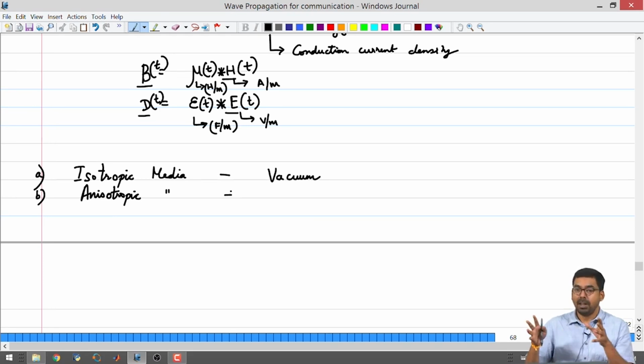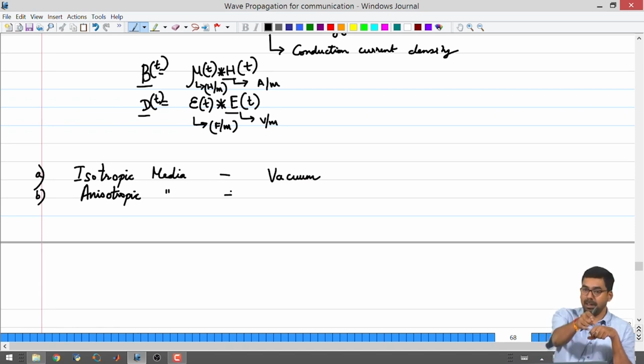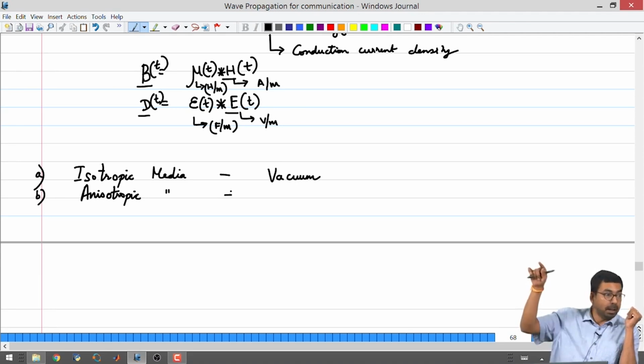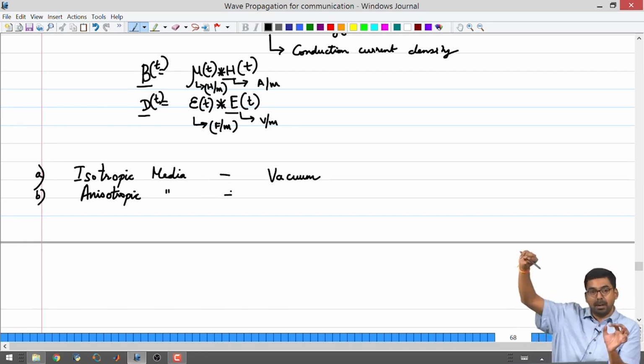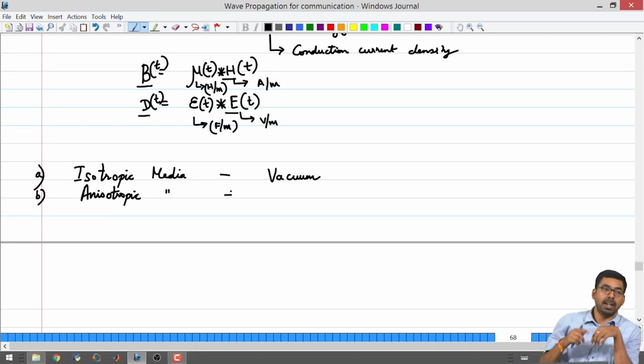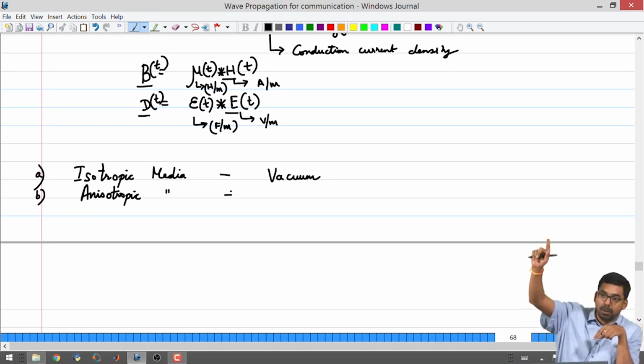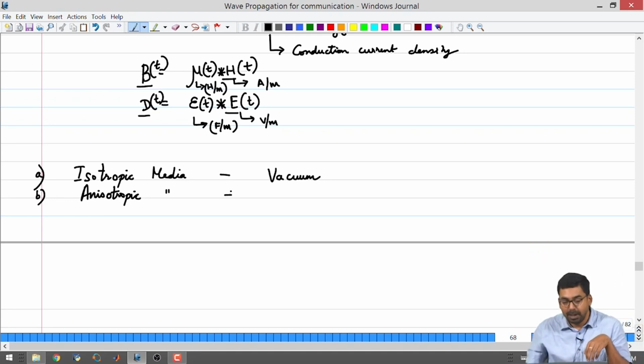If you have a cube, the spacing between two atoms in the horizontal direction is the same as that in the vertical direction, and the same as that in the depth direction. But if you start looking at the nearest neighbor along the face diagonal, it is a times square root of 2. So the atoms are further apart along the face diagonal, and along the body diagonal you will have the atoms spaced further apart by a square root of 3.